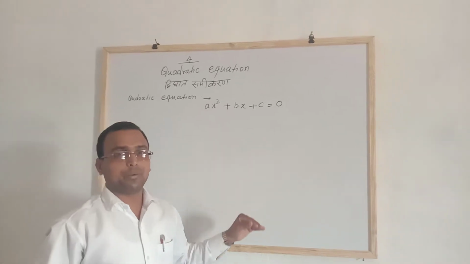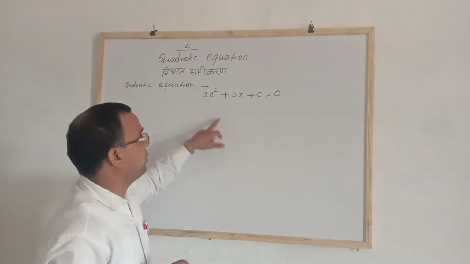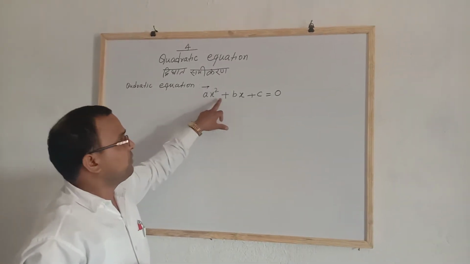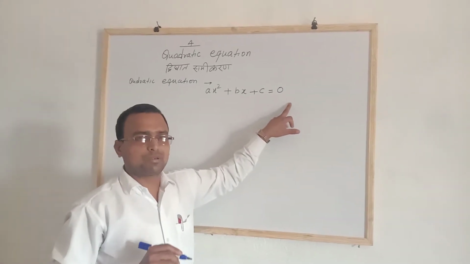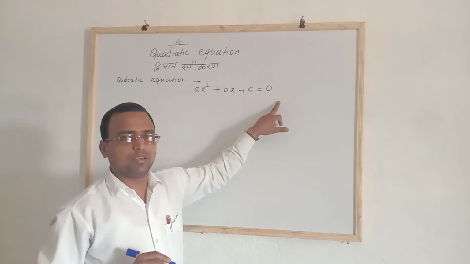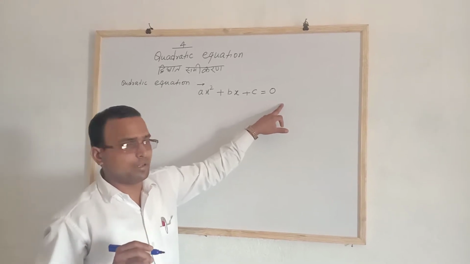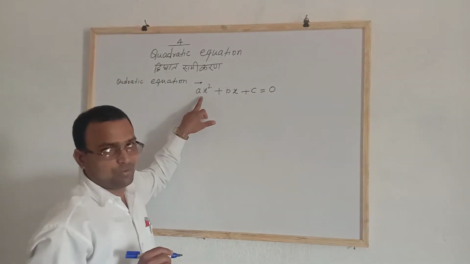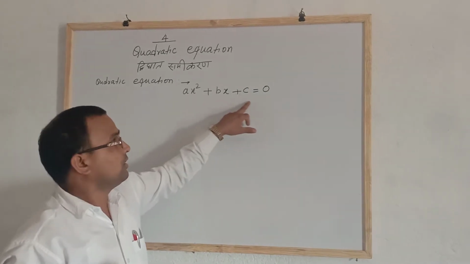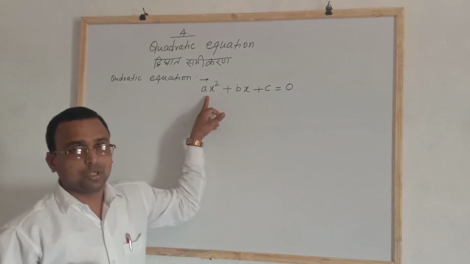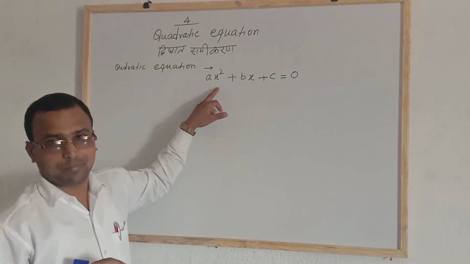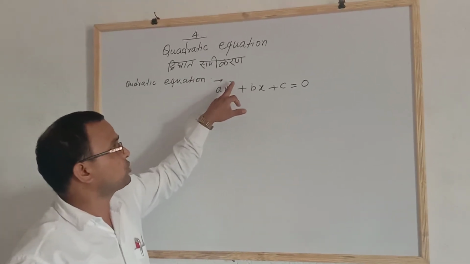The equation which is in the form of ax square plus bx plus c equal to 0 is called quadratic equation. Can you say what is the power of variable in this equation? Here the variable is x, so maximum power is 2.